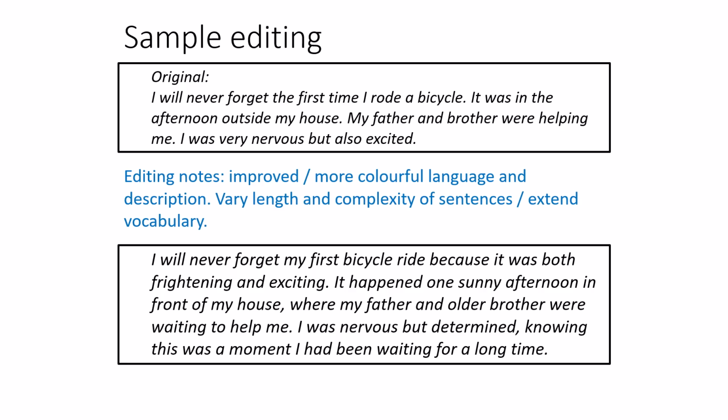I must vary the length and complexity of my sentences, so some sentences simple and easy, and some a little longer and more complicated. I must extend my vocabulary. These are all common words that everyone uses every day, so I haven't put in some new or lesser used words. So I sit down and rewrite the paragraph.